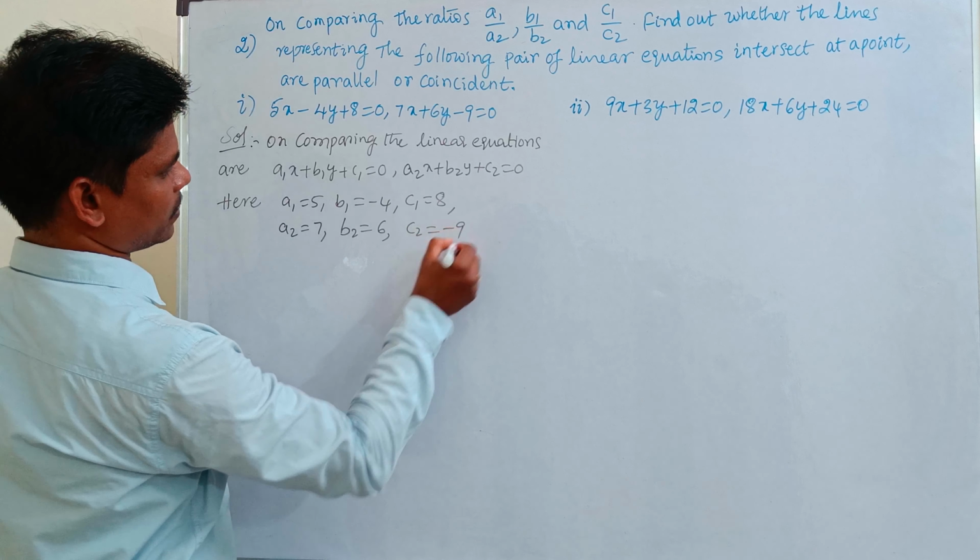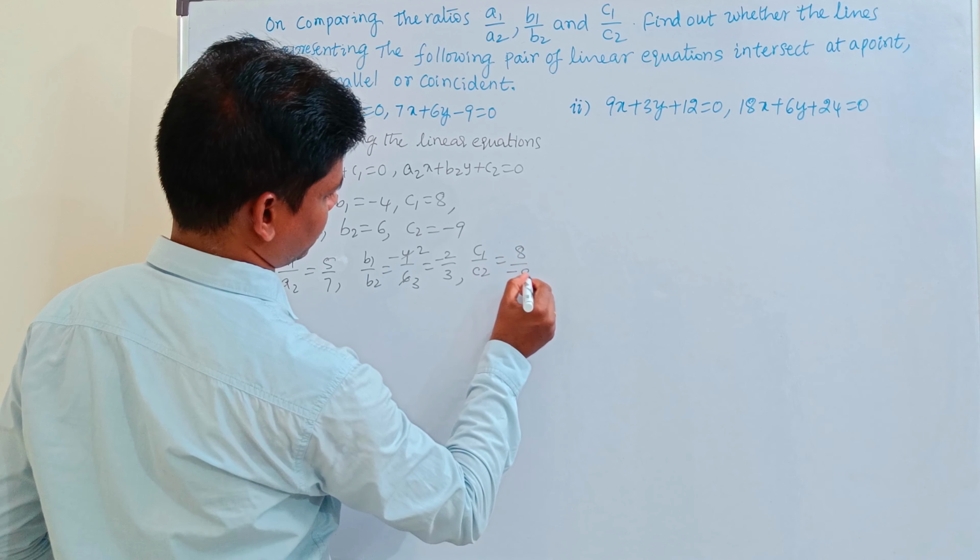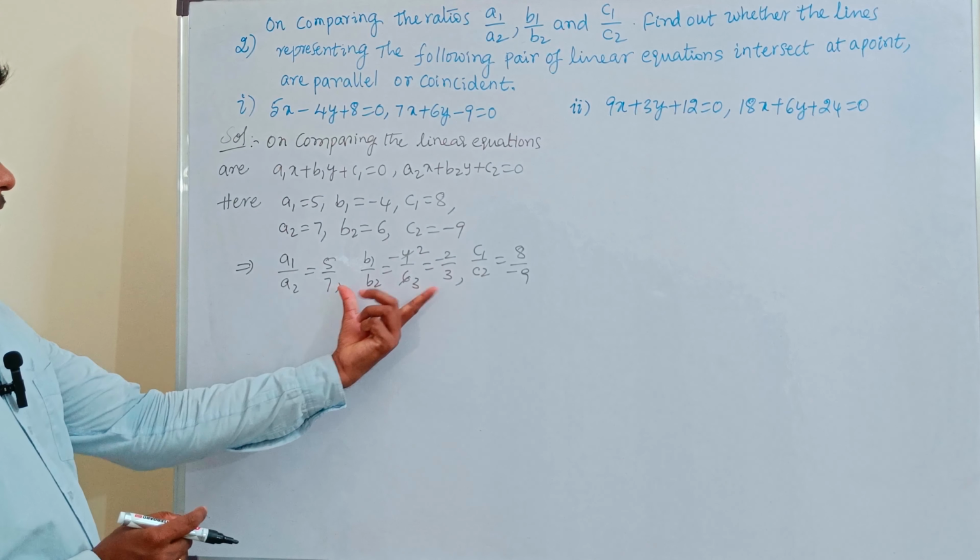So then apply the ratios. First ratio a1 by a2 is equal to 5 by 7, b1 by b2 is equal to -4 by 6, which is -2 by 3. Next c1 by c2 is equal to 8 by -9. So here observe these three ratios.